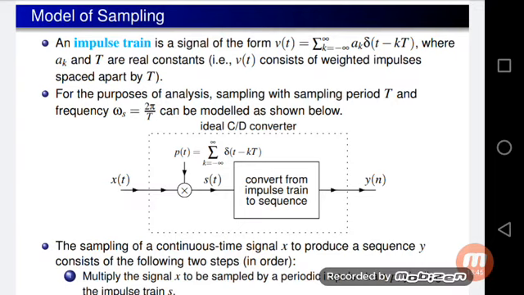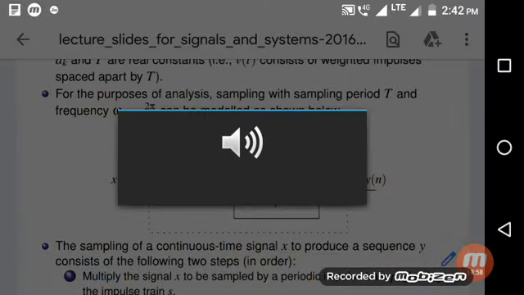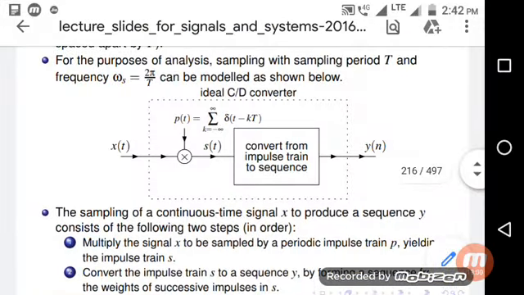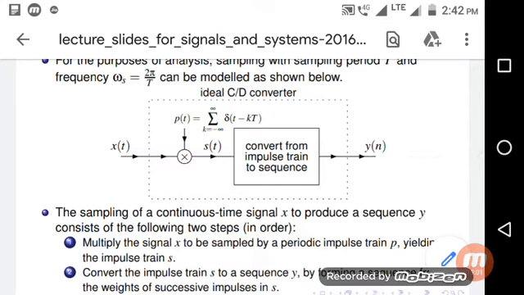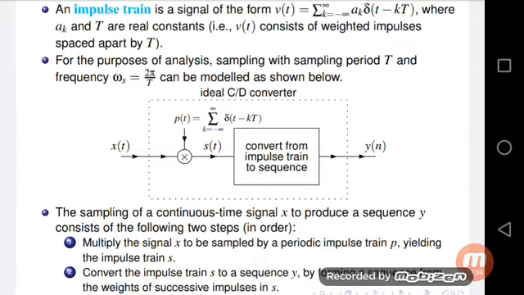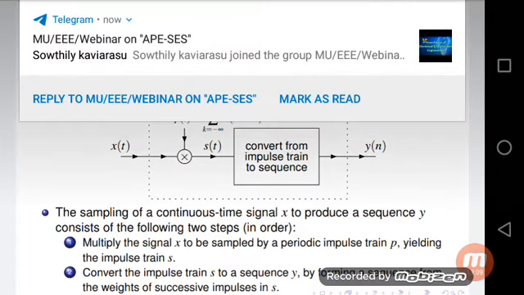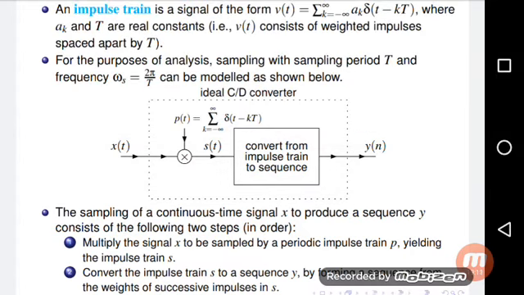The sampling of a continuous time signal x to produce a sequence y consists of the following two steps. First one is to multiply the signal x to be sampled by a periodic impulse train p to yield the impulse train s.